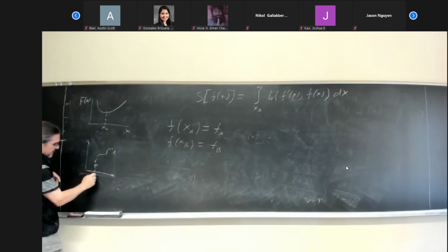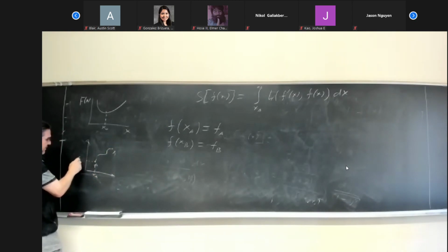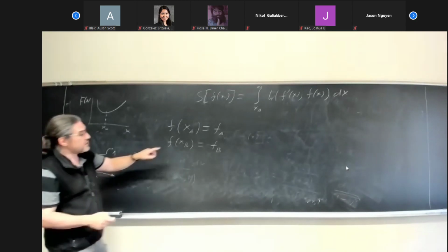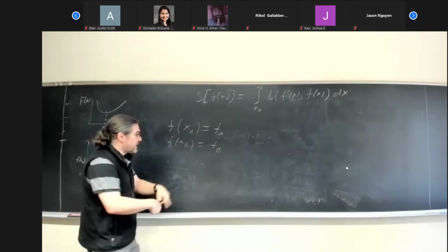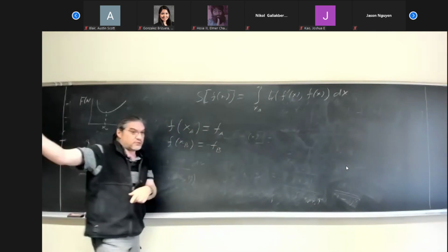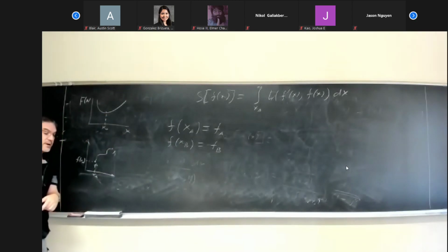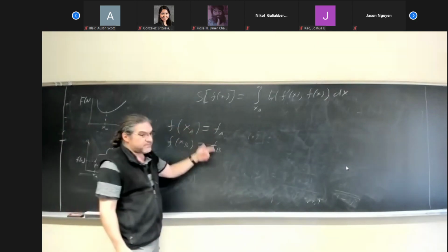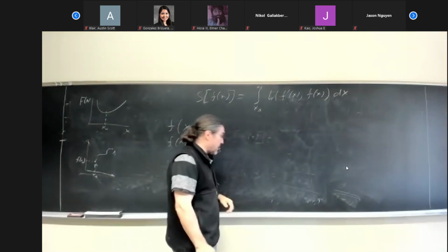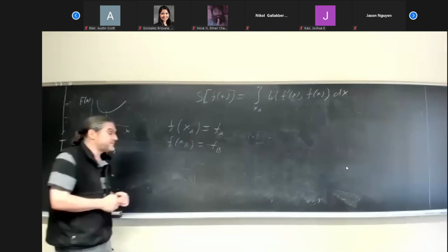This is xa, and this is my f of xa, right? So those xa, this and this are just my coordinates, and these are coordinates of Houston. That's a place in Houston where I want to go. So I want to go from point A to point B. So that's why I fixed those boundary conditions, right?